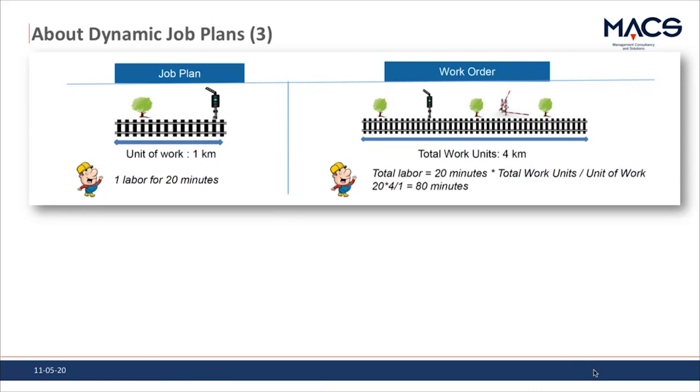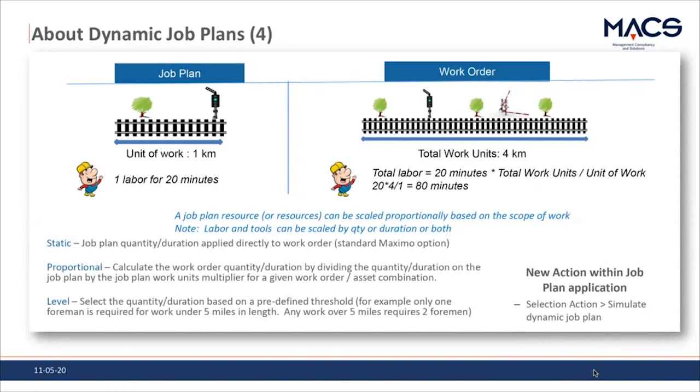It will use a quite simple formula to calculate the amount of labor necessary based on the total work units, in this case 4 kilometers. So for 1 kilometer, it will be 20 minutes, and with the formula, it will come to 80 minutes of labor because the 4 kilometers just need more work.